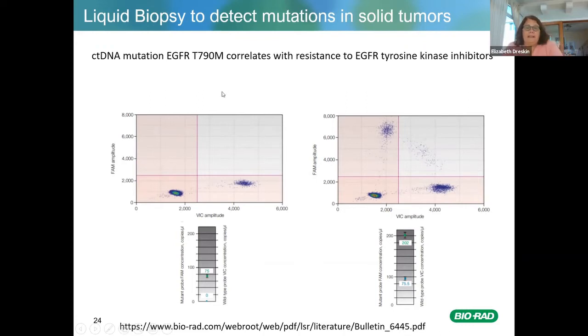So this assay could be used to look at liquid biopsies from patients, and the clinician can look at the percentage of mutation found relative to the wild type and understand whether the treatment is still effective or if it needs to be changed.